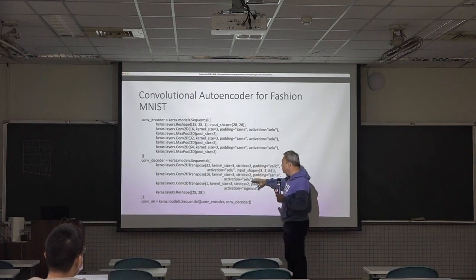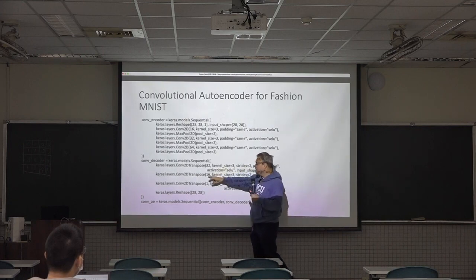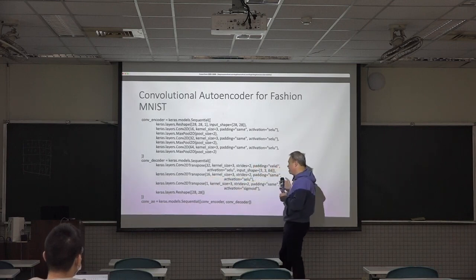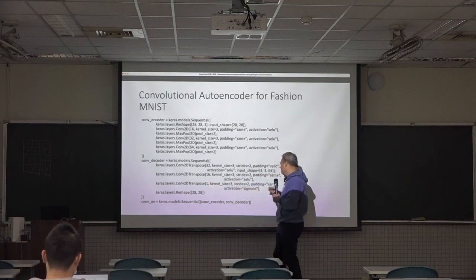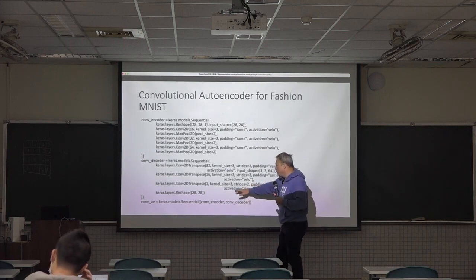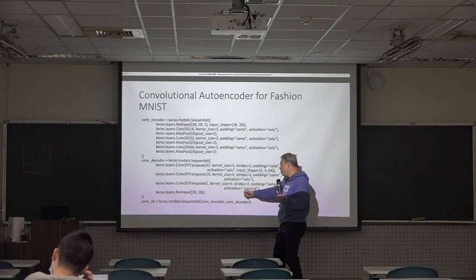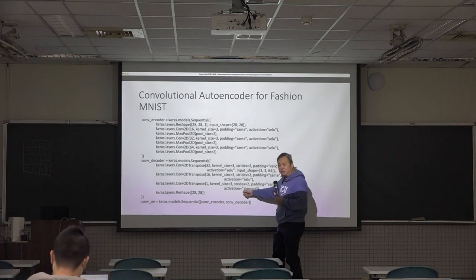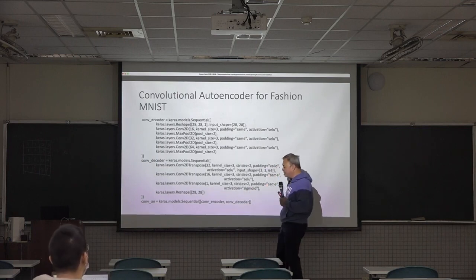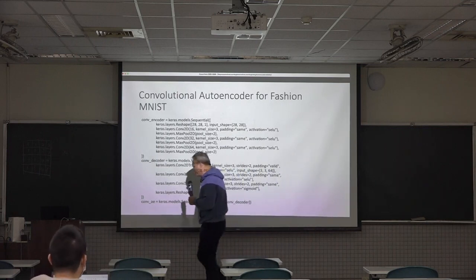Then we use similar settings to enlarge it again, cutting the feature maps by half as well. Then we cut it into one, with stride 2, so we enlarge it once more, and for each pixel we still use sigmoid. This part is the same: we still treat each pixel as a binary classification.